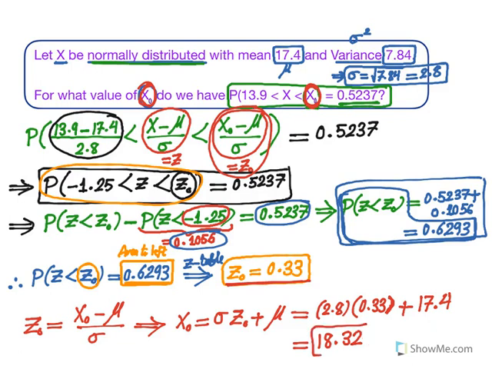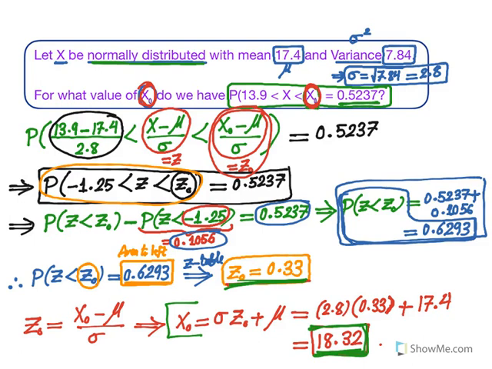So just 18.32. This is not a percentage, okay? This is the data value x. This is the x that has z score 0.33. So the answer that you get at the end is an x, not a z.